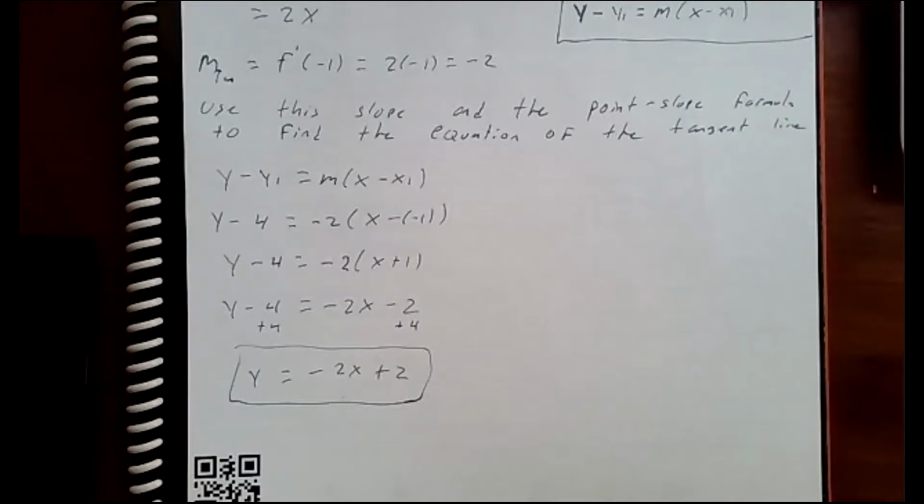The point they gave us was -1, 4. Okay, so let's put it all together. What the heck did we just do? And what does it mean?